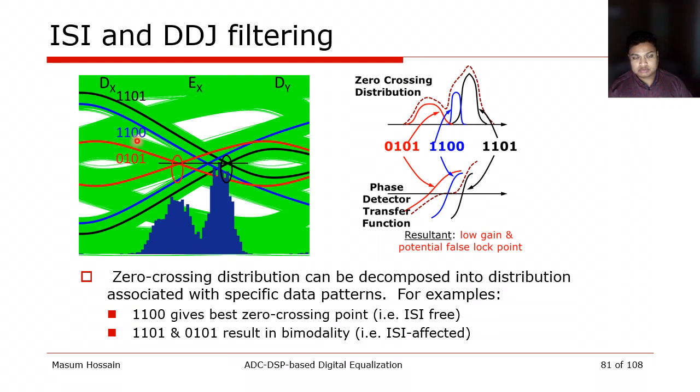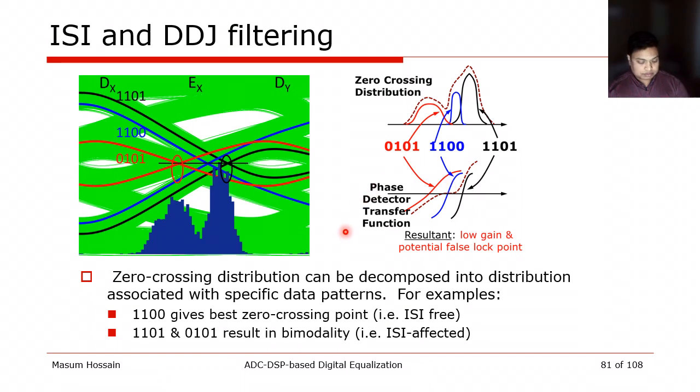In between, 1100 and 0011, this blue one would be a better lock point, but due to these ISI-impacted distributions, it's smeared out, and actually we see the lock probability both left and right and very little in the middle of it.